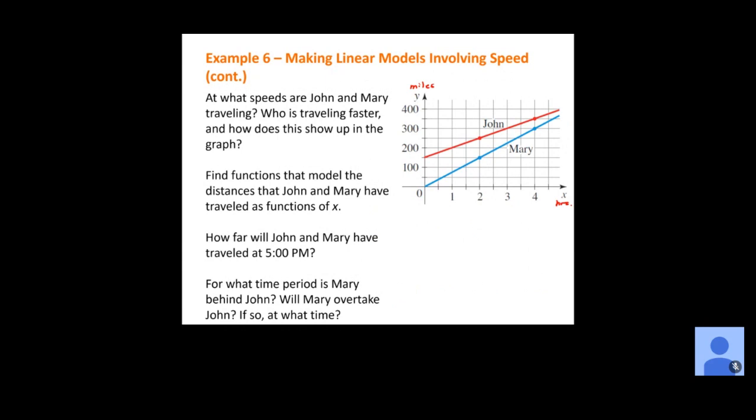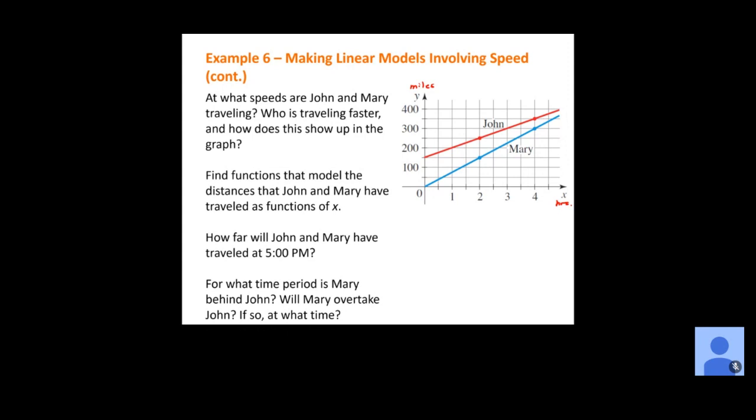So if I want speed now, what would I need to do with my y and x values? If y is the miles and x is the hours, then not point slope, but just find the slope.